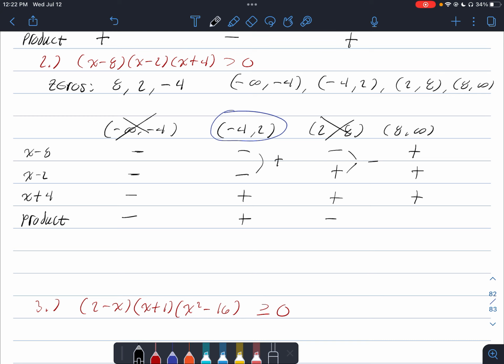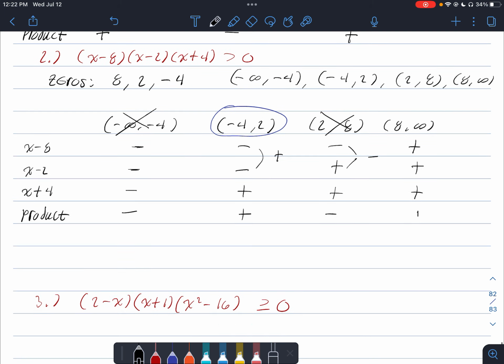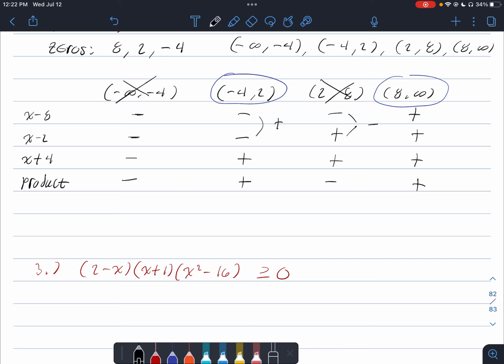So anything from this interval will make all positive numbers, and if you multiply together 3 positive numbers, you get a positive number. So we can include 8 to infinity in our solution. And we're going to write this as negative 4 to 2, union 8 to infinity. So that would be our solution to this inequality.